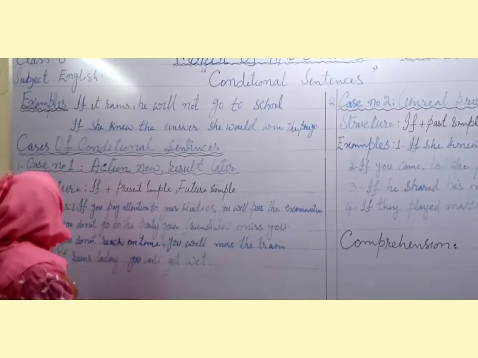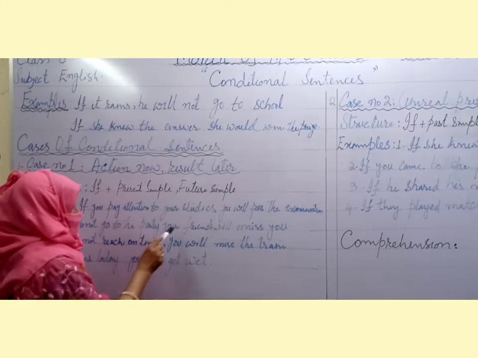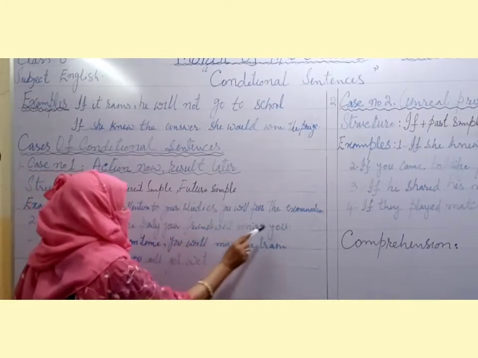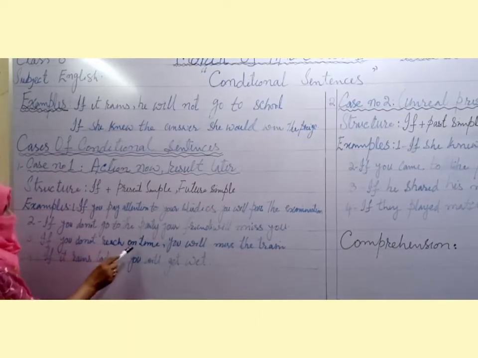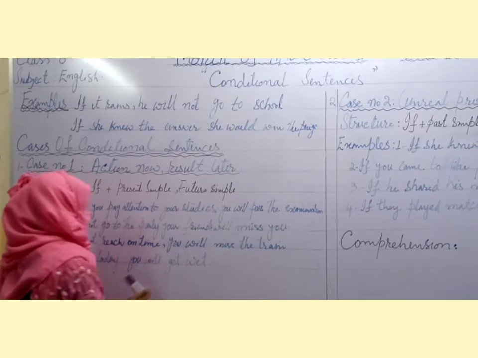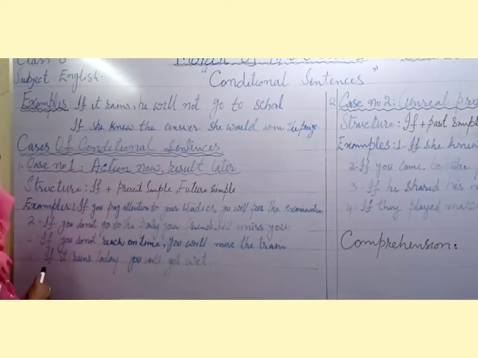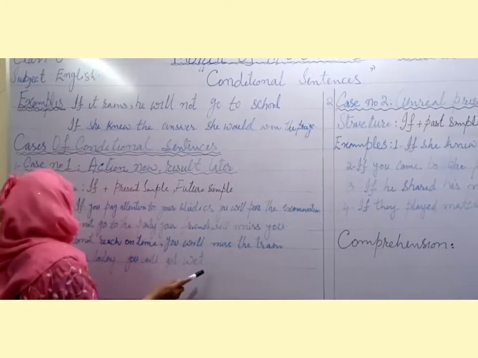Okay? Next sentence. If you don't go to the party, your friends will miss you. If you don't reach on time, you will miss the train. If it rains today, you will get wet.